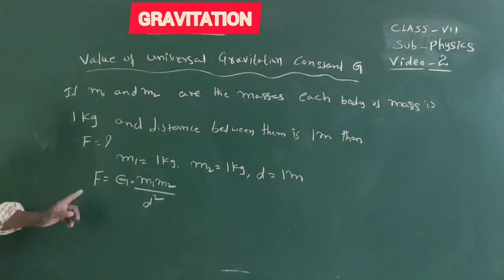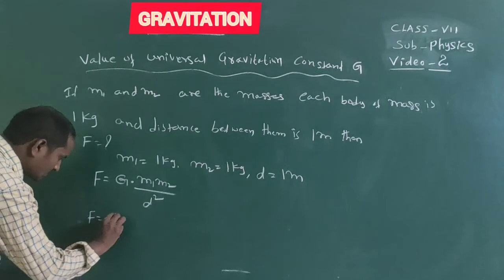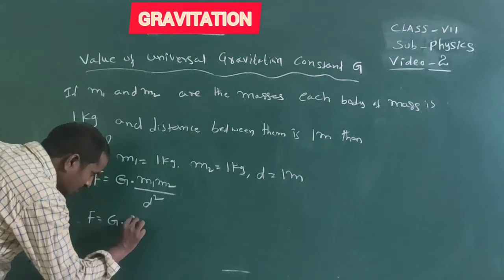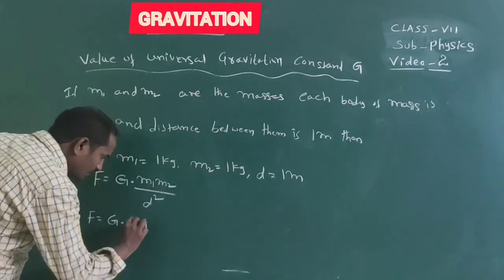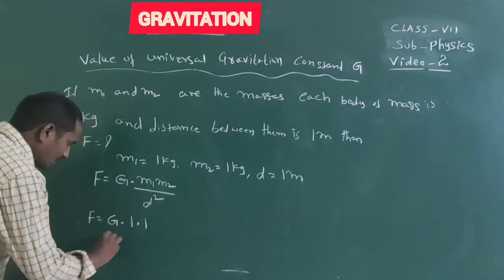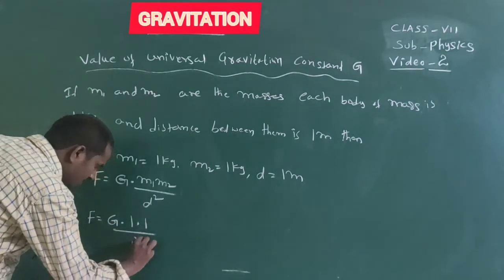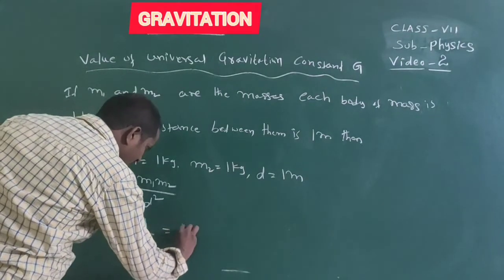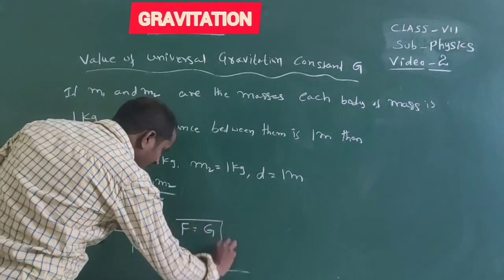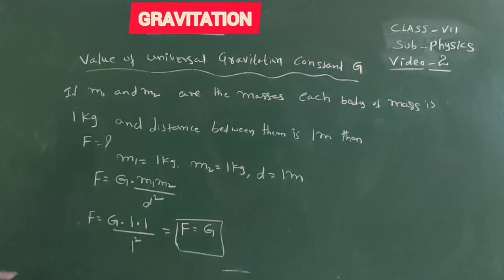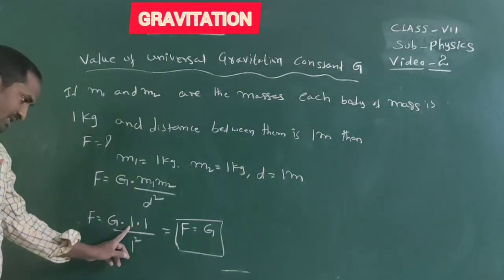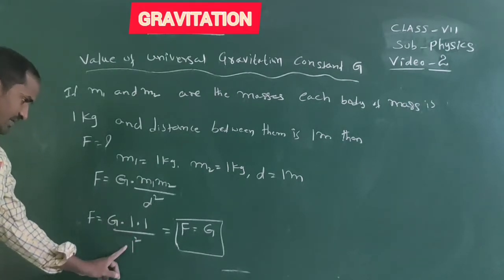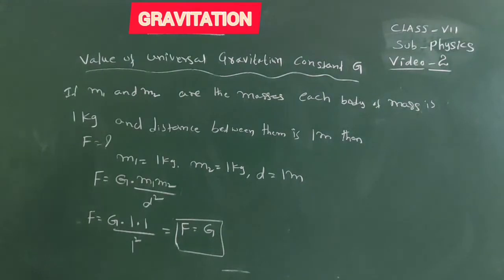Now substitute: force equals G into 1 kg into 1 kg by 1 square. Here 1 into 1 is 1, 1 by 1 square equals 1 only, so force equals G.